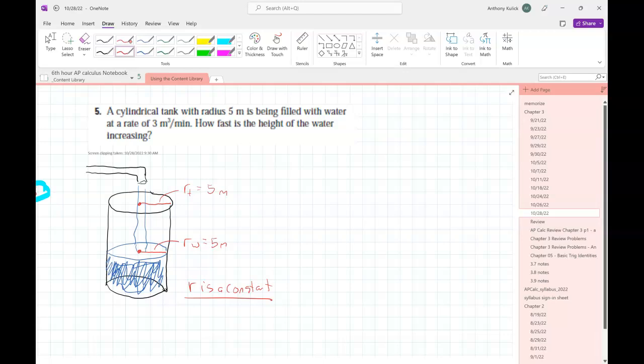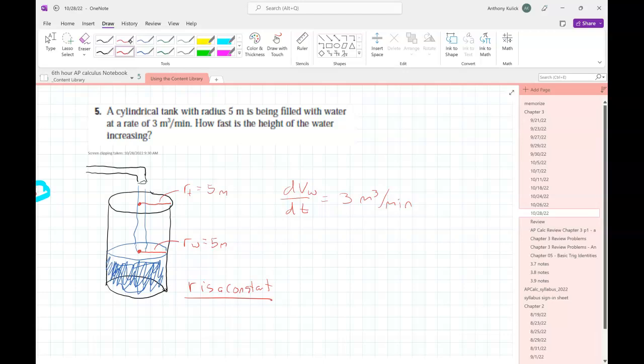Okay, and we're told that the tank is being filled with water at a rate of 3 cubic meters per minute. What is that quantity going to be called? dV over dt. And I'm going to put a subscript of W on that to indicate that that's the volume of the water per time that is changing, not the volume of the tank, because there are two separate volumes going on here.